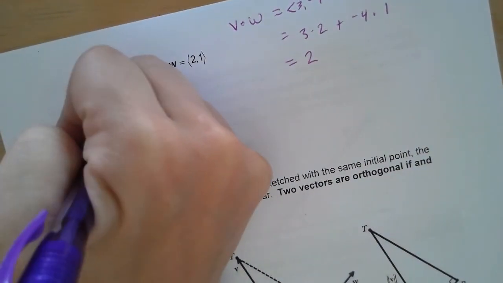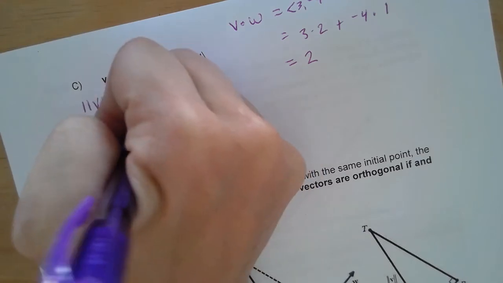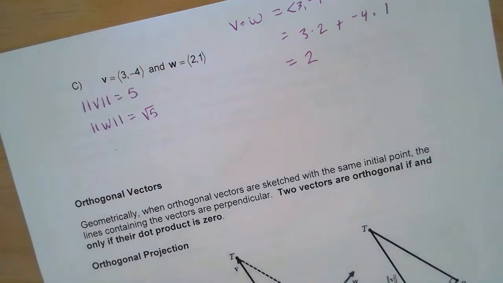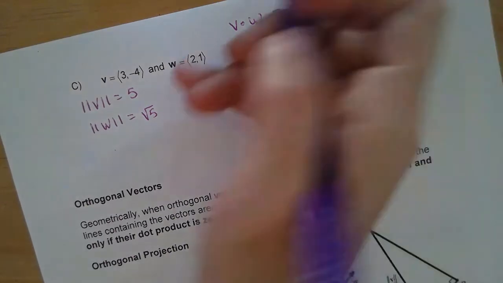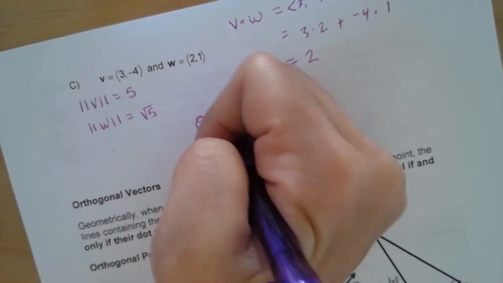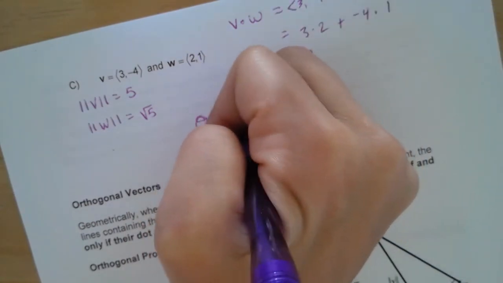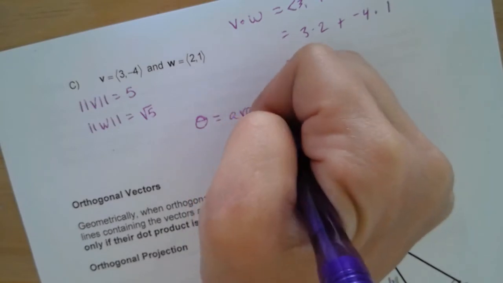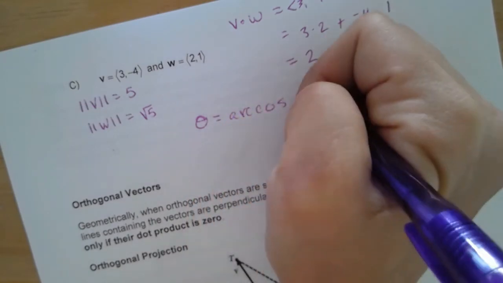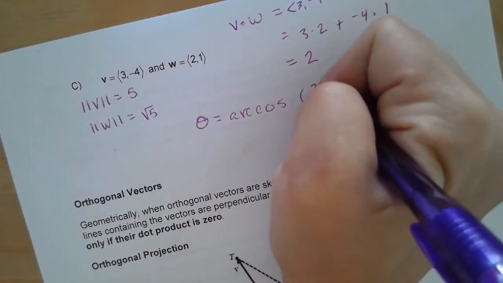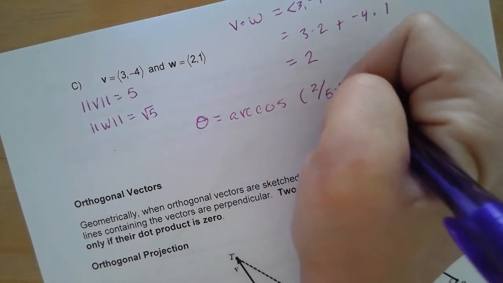Magnitude of W, we get the square root of 5. Okay, again, if you wanted to pause it right now, calculate that out, make sure that's what you got. So when I put it into theta, theta equals arc cosine of 2 over 5 square root of 5.